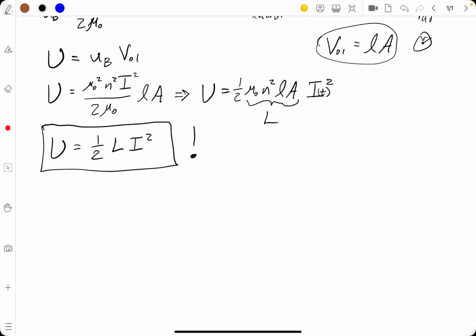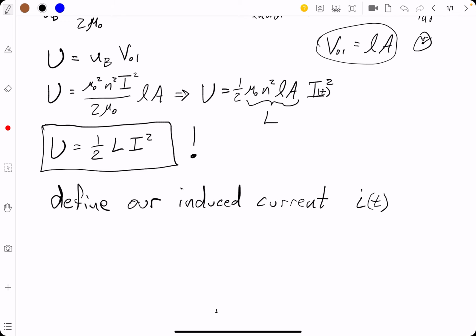Now, here's what we're going to do. We're going to do two things. We're going to define our induced current, and instead of calling the induced current I, we're going to define induced current as little i, and it's a function of t.